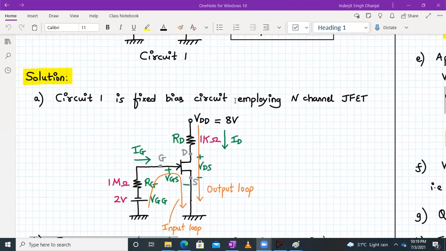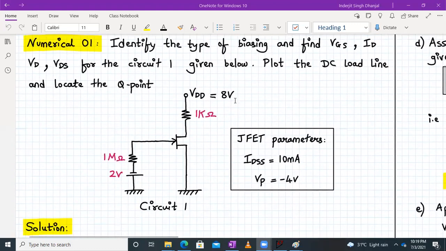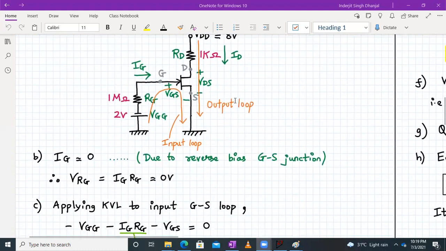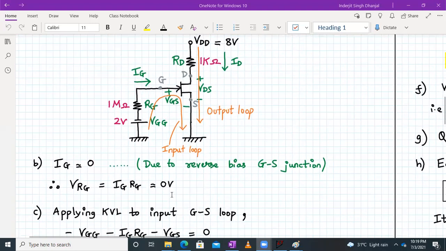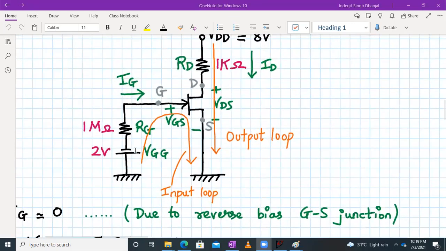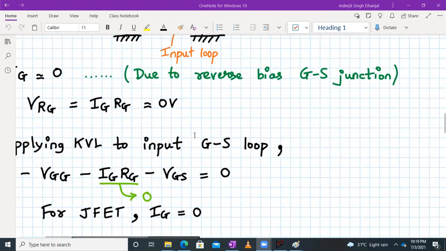Now let us start with the solution. We have been given the task of finding the VGS, ID, VD, and VDS voltages for this circuit. Over here, what we can observe is IG is 0 because of the reverse biased gate source junction in a JFET. So VRG, the voltage drop across this resistor, will also be 0. Now applying the KVL at the input loop, we get VGG minus IG RG minus VGS is equal to 0.